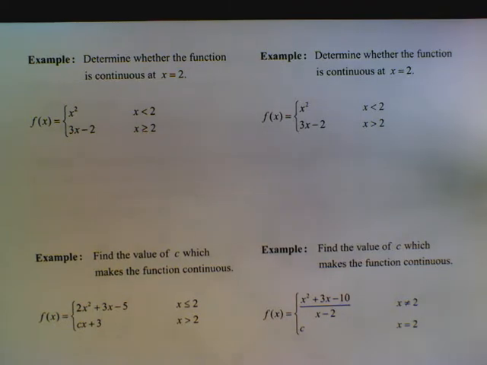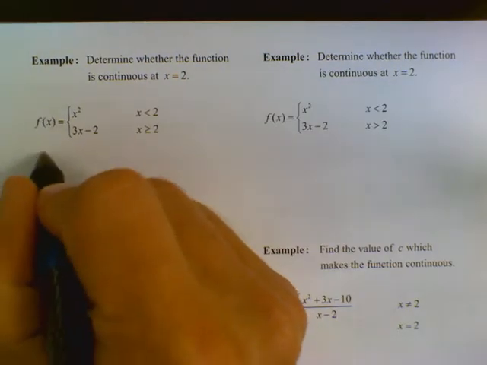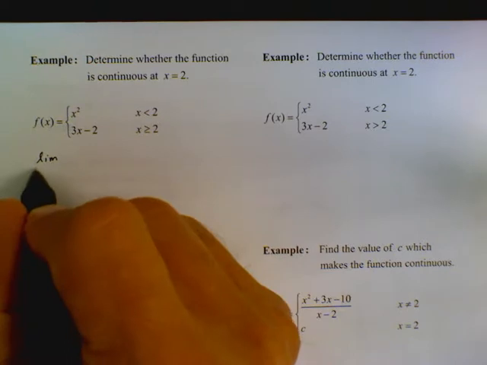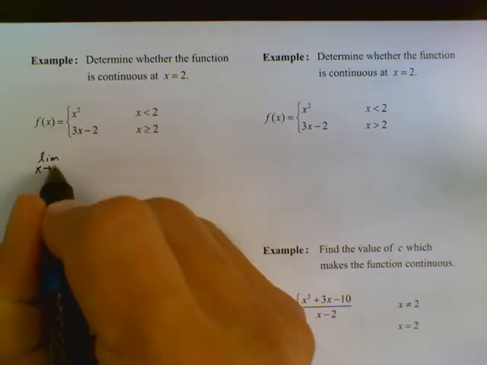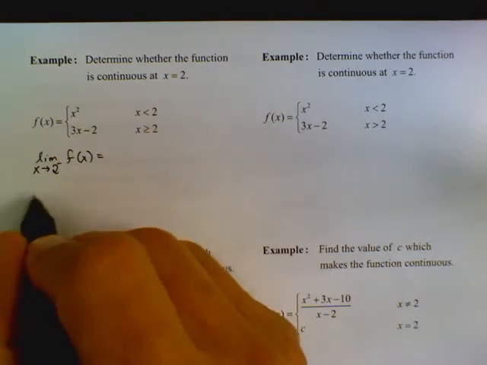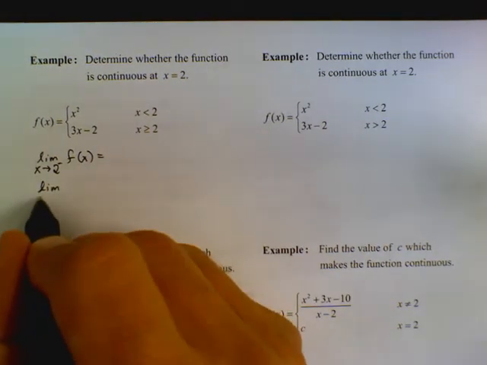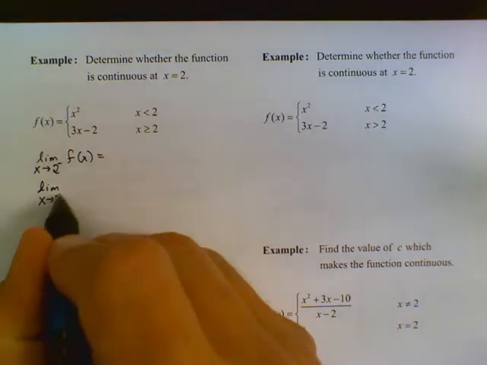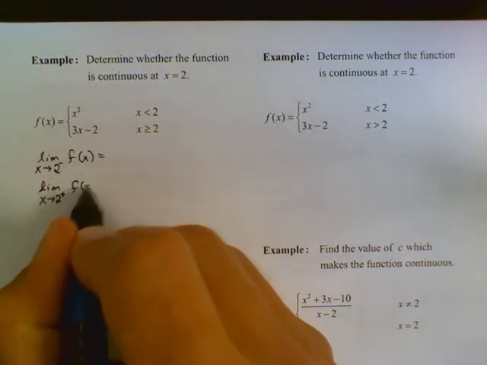Well, in order to do that, we need to make sure that the limit exists. If we're going to make sure that the limit exists, then we need to take the left-hand limit and take the right-hand limit and make sure that they equal the same thing.